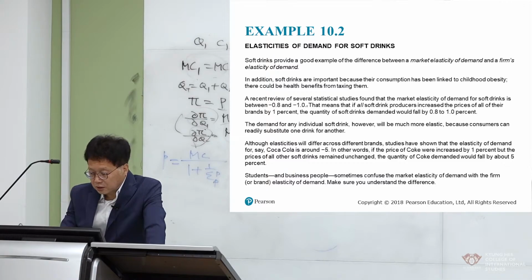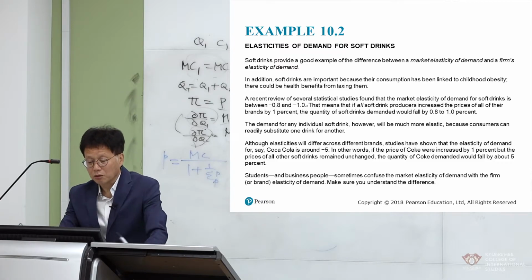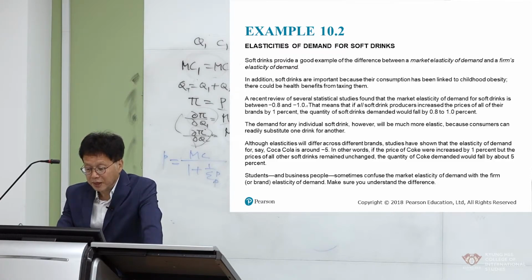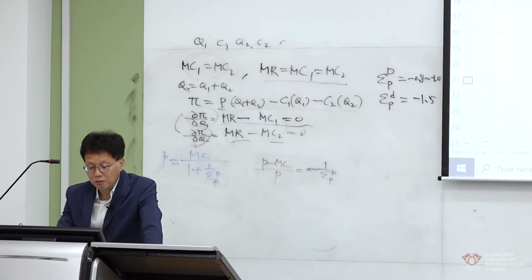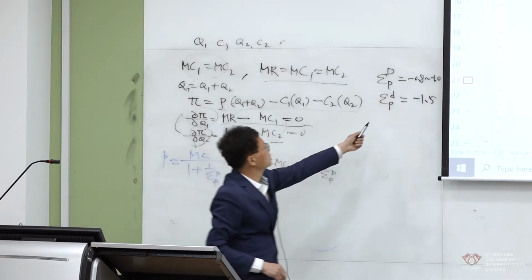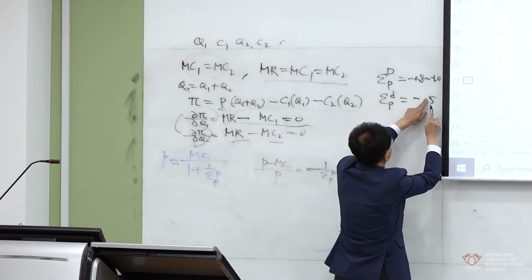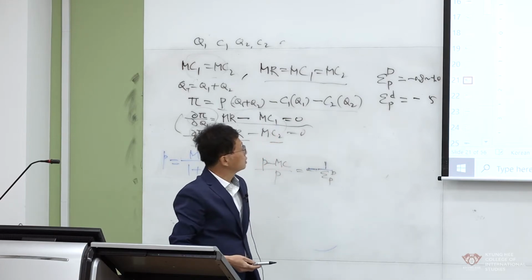Students, so what is the meaning of individual price elasticity of demand? If Coke increases its price by 1%, but the prices of all other firms remain unchanged, then the quantity of Coke demanded would fall by about 5%. That is the meaning of this. That is minus 5%. Right?